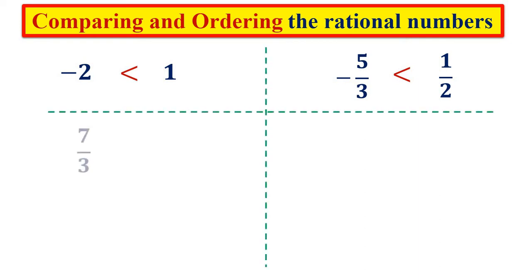So 7 over 3 and 2 over 3. The denominator is the same, so the one with the bigger numerator is the bigger. Here 4 over 5 and 4 over 7. Up is the same, so the smaller the denominator, the bigger the fraction.